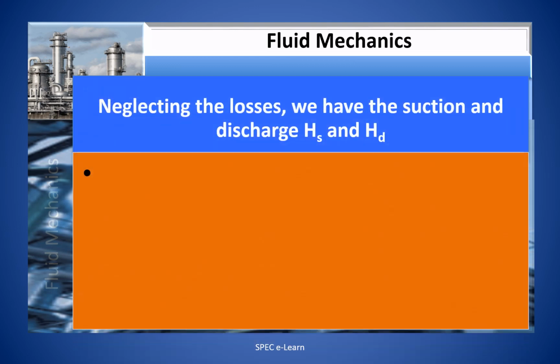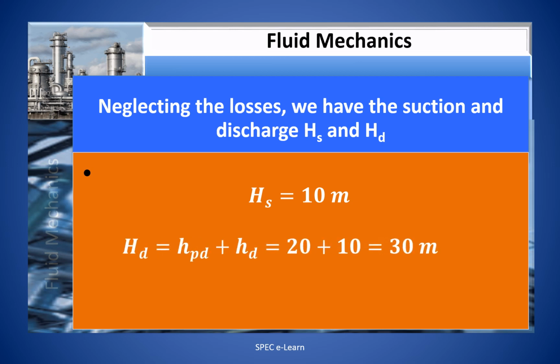Neglecting the frictional losses, we have the suction and discharge heads Hs and Hd as Hs equal to 10 meter, Hd equal to HPD plus the elevation from the discharge flange, which is Hd equal to 20 plus 10, which is 30 meters.